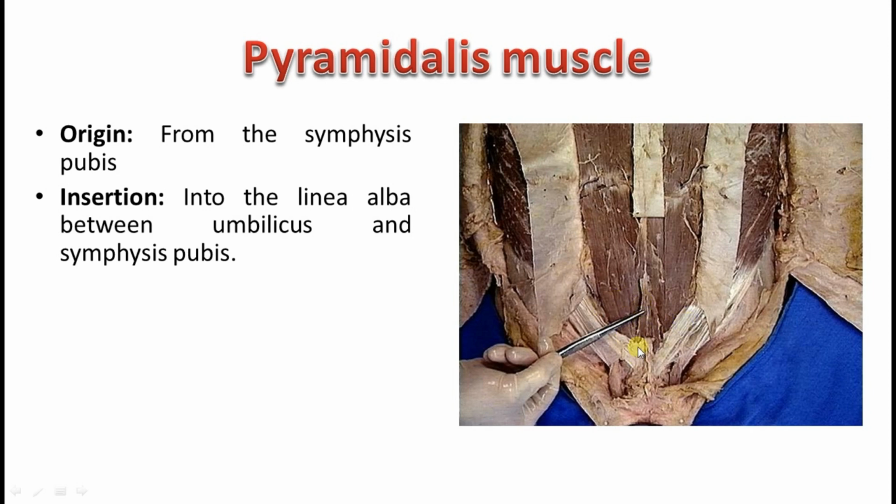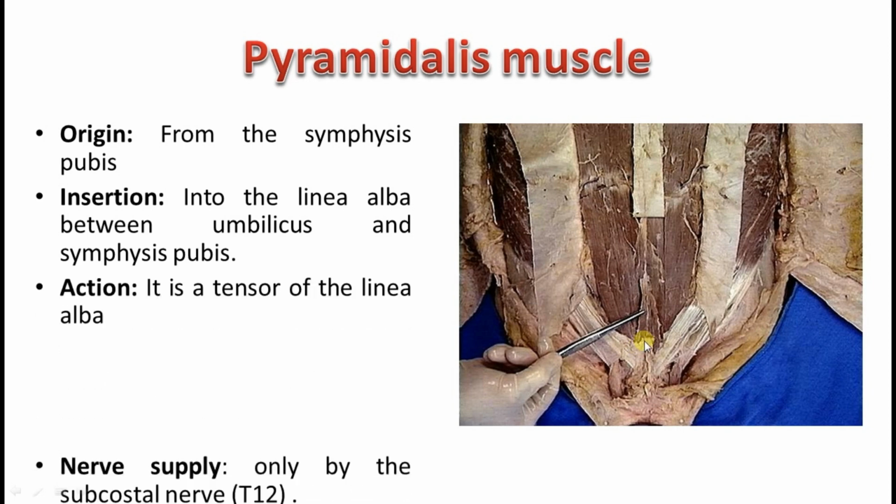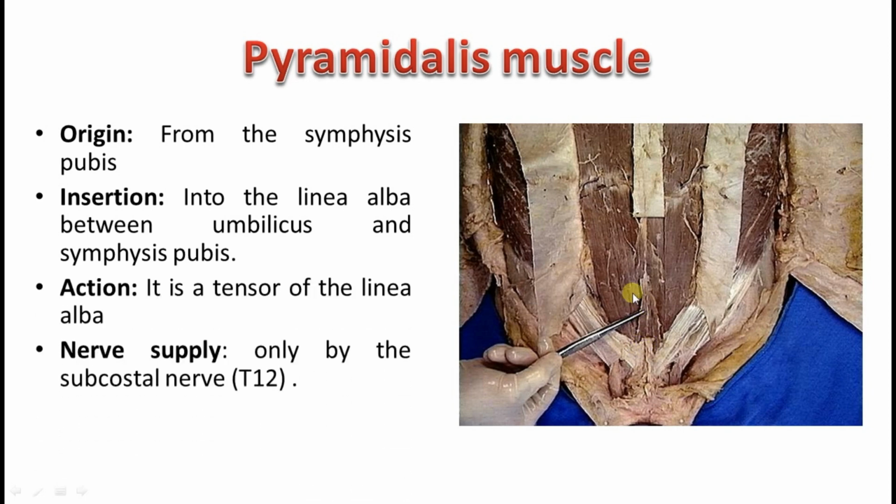The nerve supply is by the subcostal nerve, T12 nerve, and it is considered as a tensor of linea alba. Why it tenses the linea alba, that part of the action is not clear. What happens if the pyramidalis is absent? In some persons the pyramidalis is absent, then how is the linea alba tensed? So the action of the pyramidalis muscle is obscure.